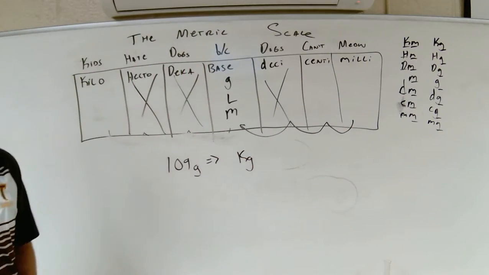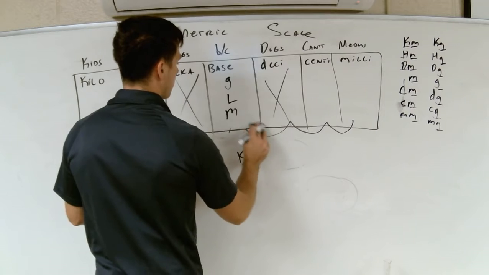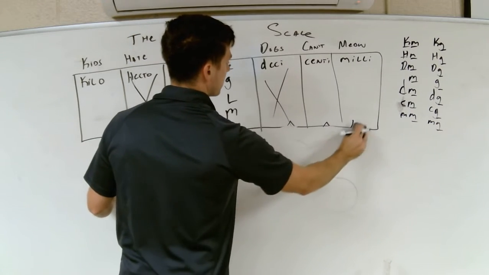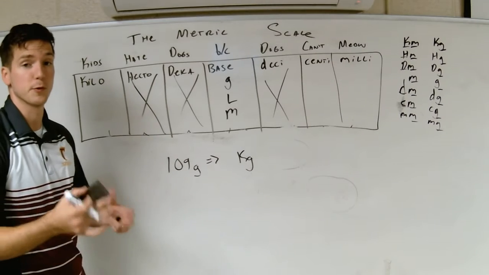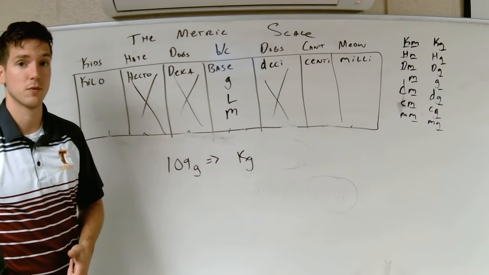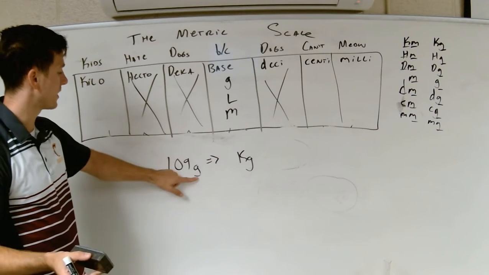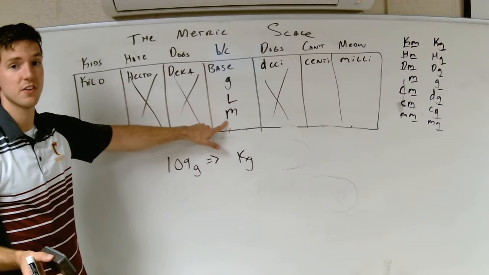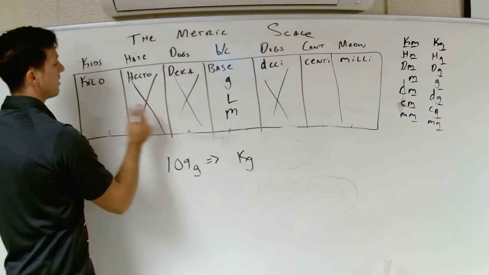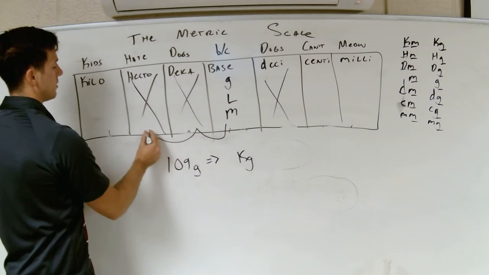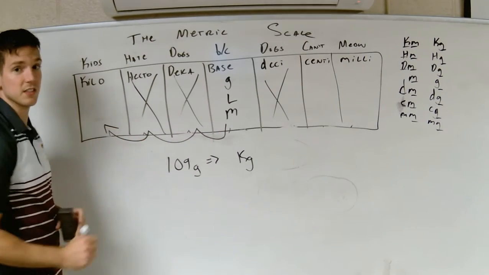Okay. Let me erase our jumps. Feel free to try this on your own. We are now going from grams to kilograms. So now we're starting at the base, and we are trying to go to kilograms. So in order to go from grams to kilograms, we go 1, 2, 3 to the left.